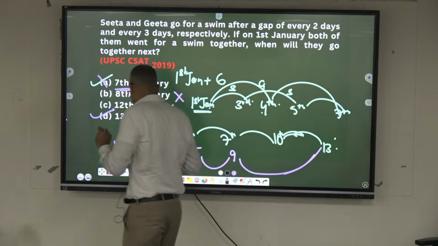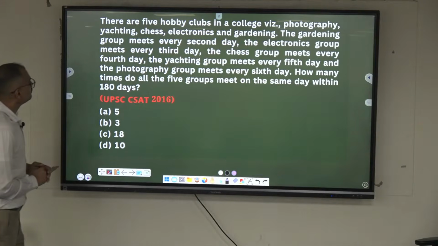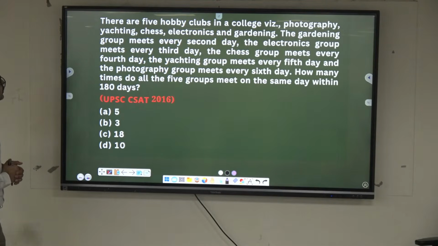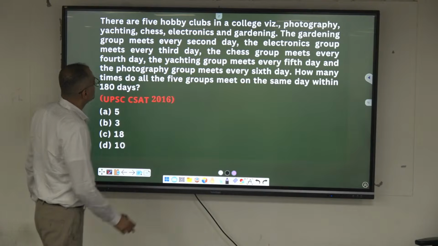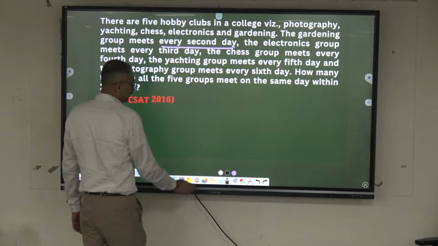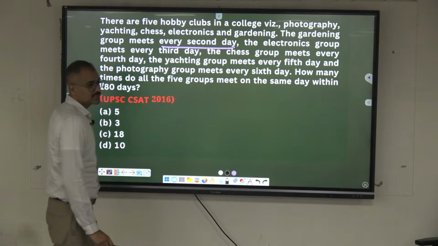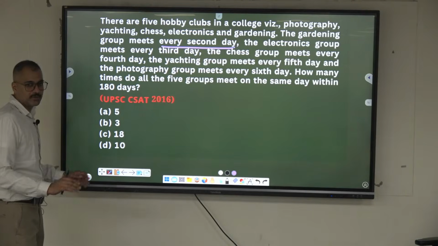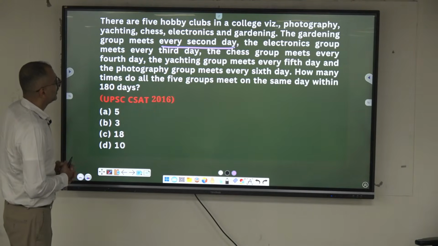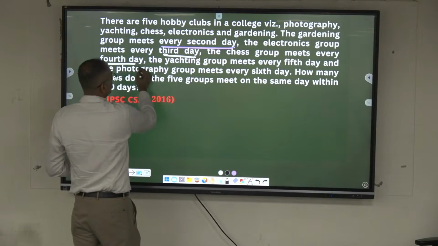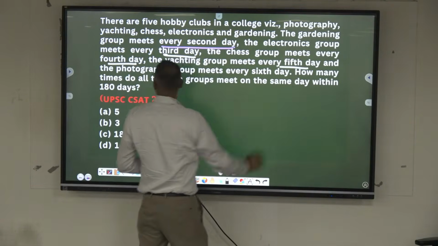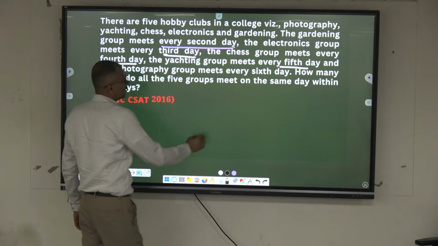Shall we move this? 5 hobby clubs in a college: photography, arch, chess, electronics, gardening. The gardening group meets every 2nd day. Note carefully, every 2nd day. Every 2nd means not after 2 days, this is the 2nd day only. The electronics group meets after every 3rd day, chess 4th, arch 5th, and the photography group meets after every 6th.